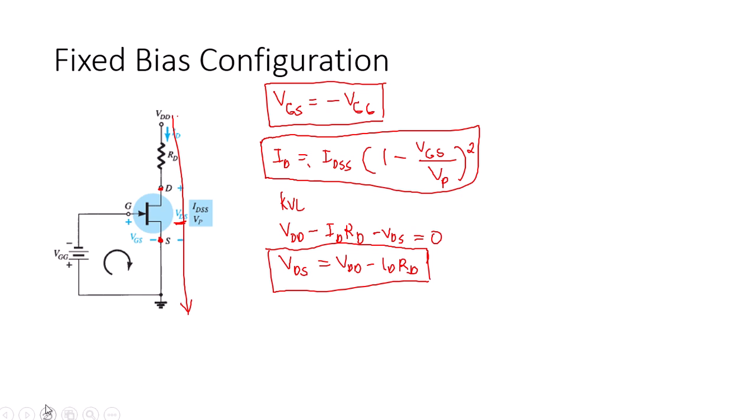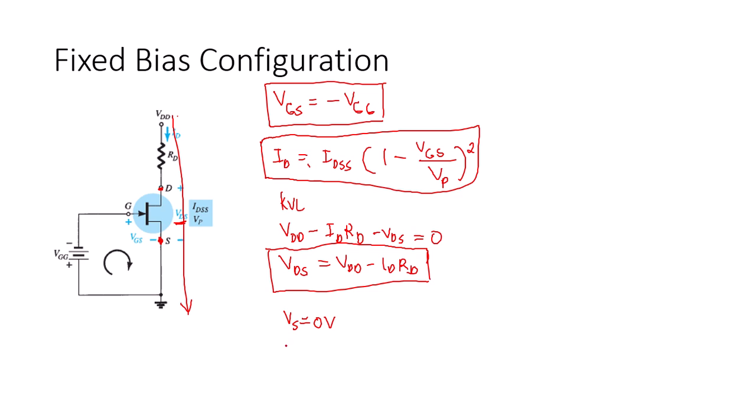So that's it. For the other parameters, since for VS we have no voltage drop from the source terminal to ground, VS is equal to 0 volts.